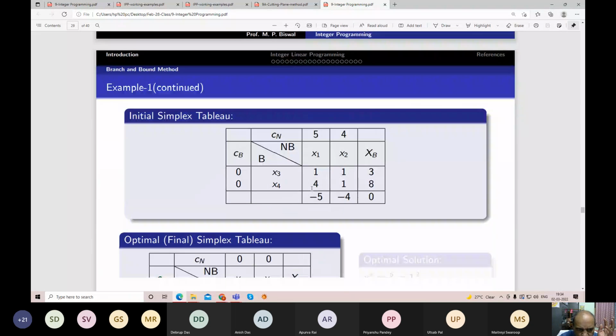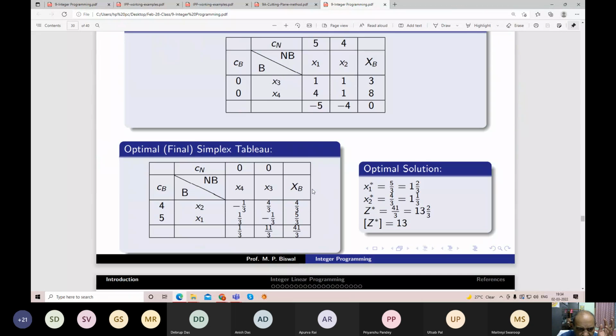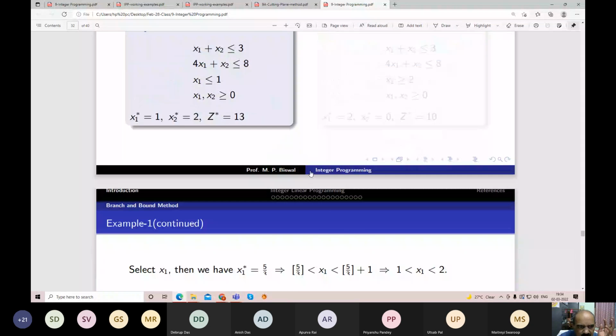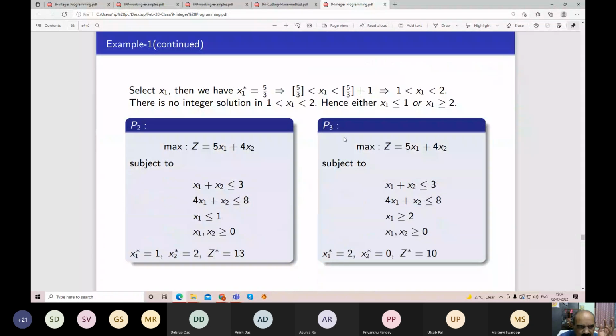Now we are branching into two problems, P2 and P3. What is P2? Everything is the same, but we have added an extra constraint: x1 less than or equal to 1. What is P3? Same problem, but we have imposed the constraint x1 greater than or equal to 2.